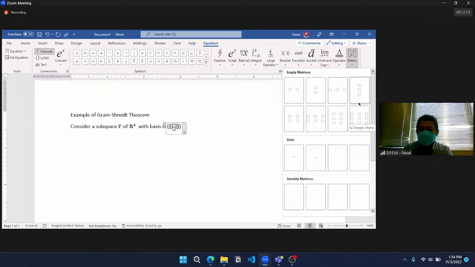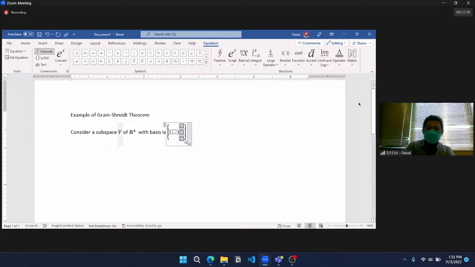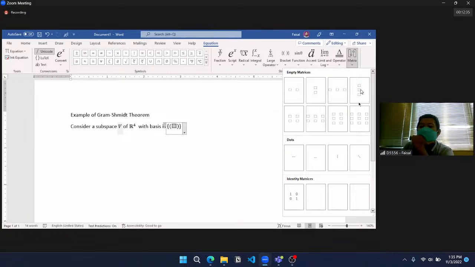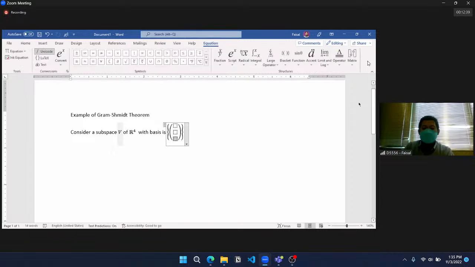So the first vector is 2, 1, 0, 2. The second vector is 0, 1, 1, 4.